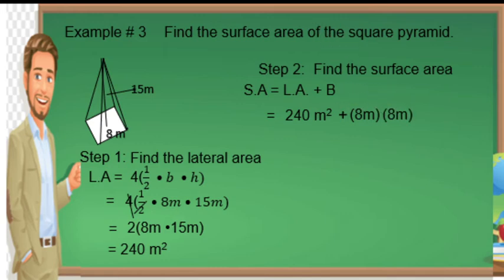Since this is a square pyramid, that is equal to 240 square meters plus 8 times 8 is equal to 64 square meters. So 240 plus 64 is equal to 304 square meters. So that is the surface area of a square pyramid.